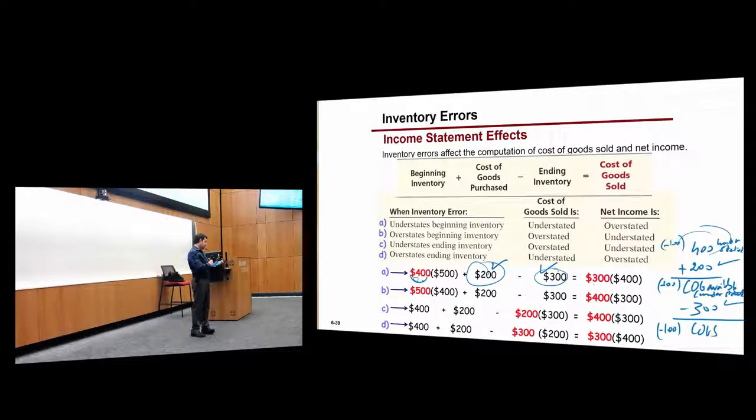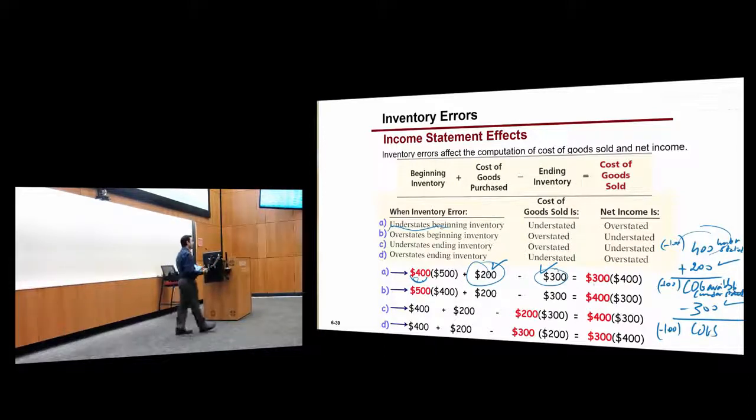This is why, when the beginning inventory is understated, cost of goods sold will also be understated. And when the cost of goods sold is understated, basically you're saying that you have fewer expenses than you actually had. Your net income will be overstated. Remember, net income is always the opposite side of expenses, right? The more expenses you have, the lower your net income.